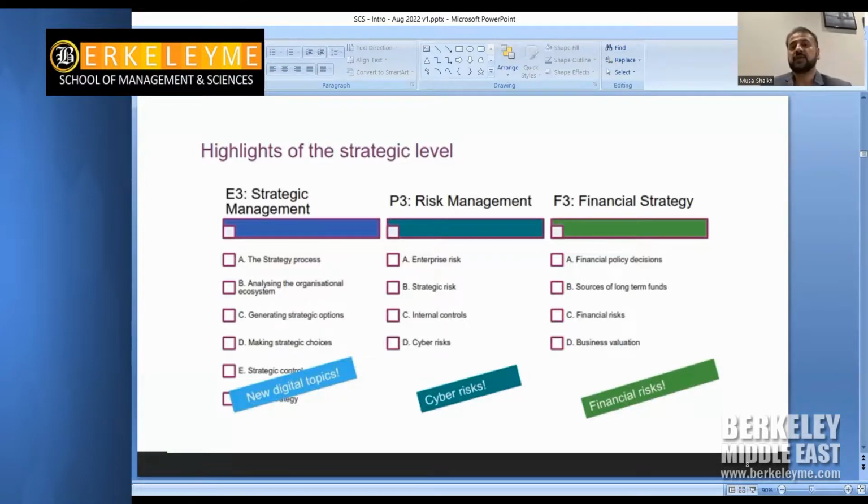In the last couple of years, cyber crime and cyber risk are creating a big problem for large corporations. So that's why it is very, very important that we work on cyber risk.